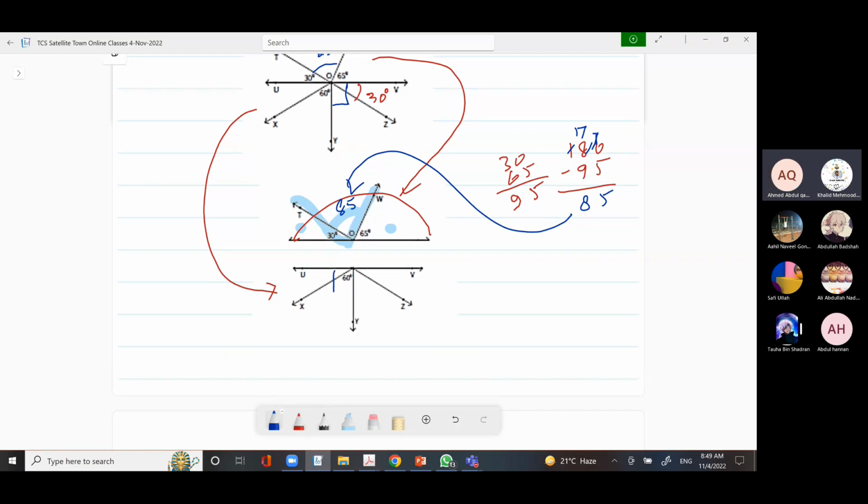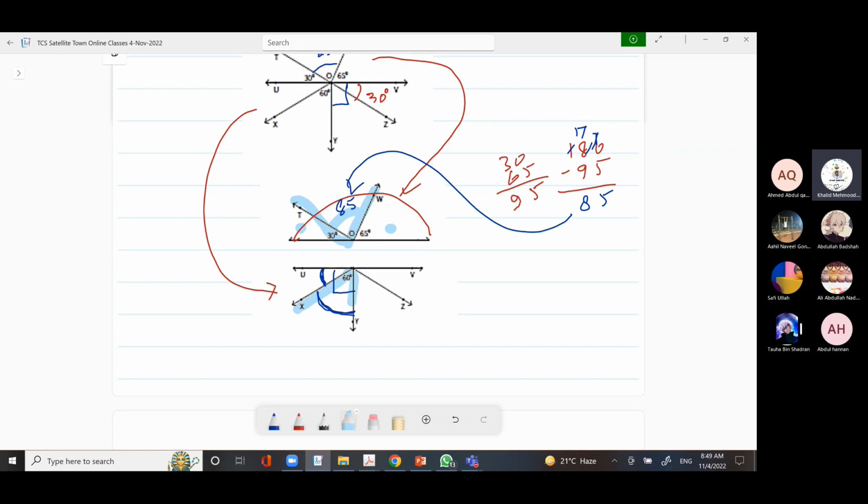So if this is 90 degrees, what about this angle? This one is 60. So how much is this to make it 90?